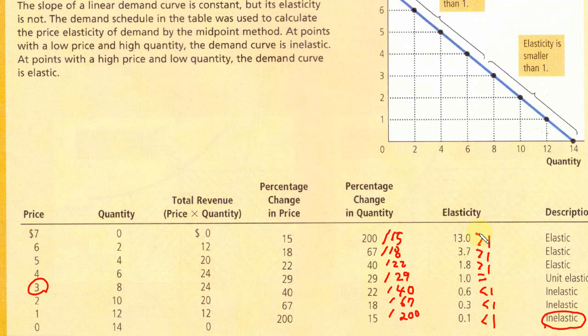Okay, so the elasticity is different. Even though the slope of this linear curve is the same, the elasticity is different. At a higher price level, the demand is very elastic, meaning that once the price increases, the quantity demanded decreases more than the price increase.